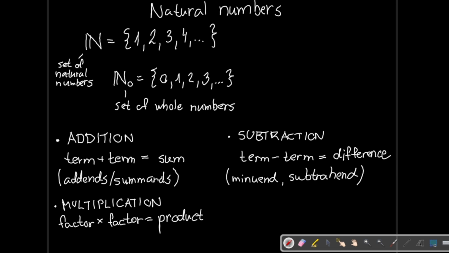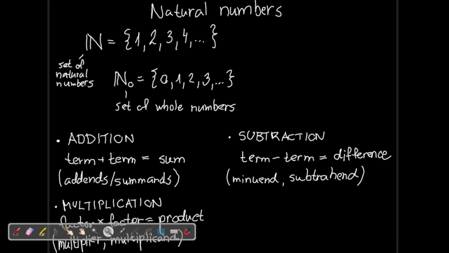These two also have some alternative names. The first factor is sometimes called a multiplier, while the second one is sometimes called a multiplicand. Yep, that's what I wanted to say here.